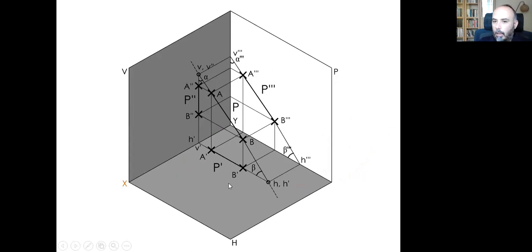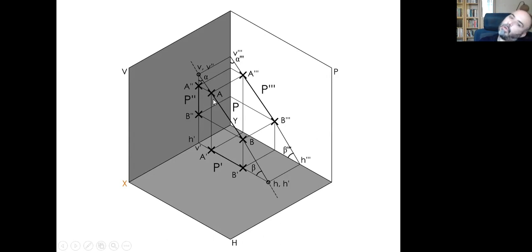This can be my model. I can just use cardboards to create these three surfaces. I need to glue them like this. I can use strings or wires or any other substance to indicate the line and its projections.